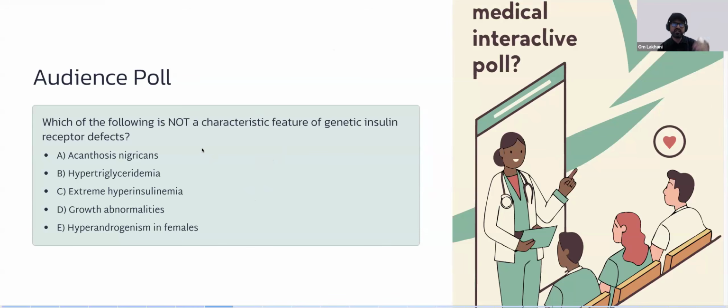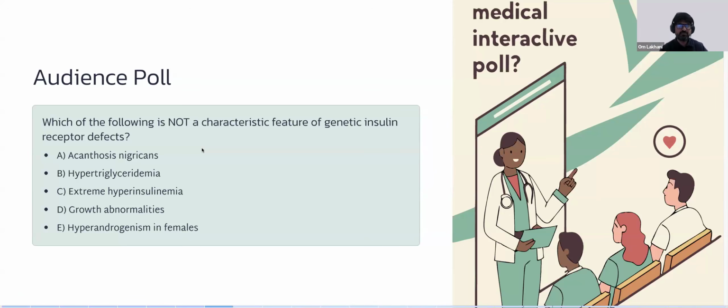Acanthosis nigricans will be present in both, but will obviously be more severe in somebody with a genetic insulin receptor defect. Hypertriglyceridemia, which is a characteristic feature of insulin resistance in metabolic conditions, is not seen in patients with genetic insulin defects. That is a very important thing to note.